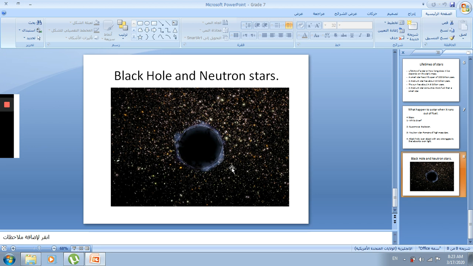It has a specific diameter and specific properties, but the most obvious property of the black hole is that it can absorb anything, even light.